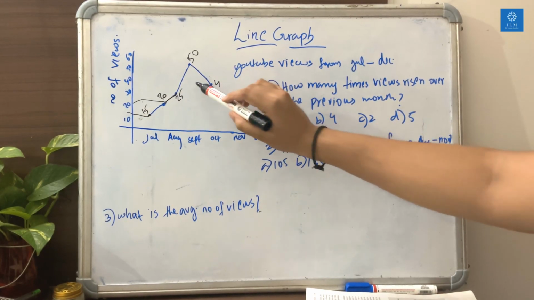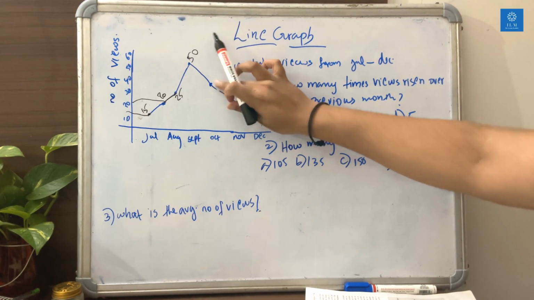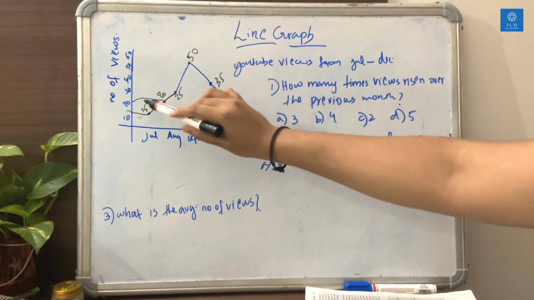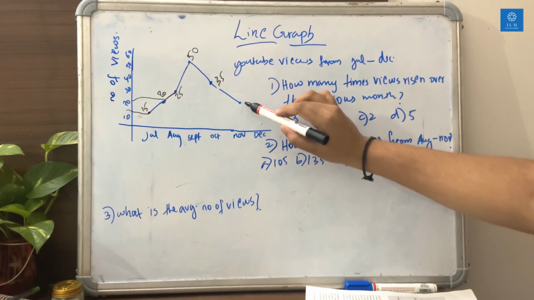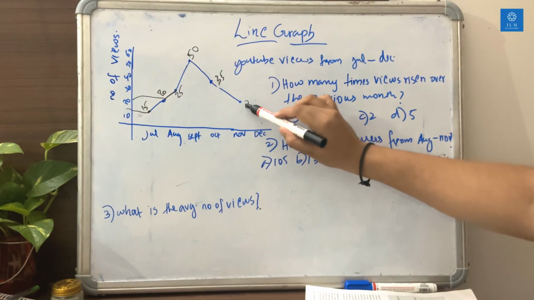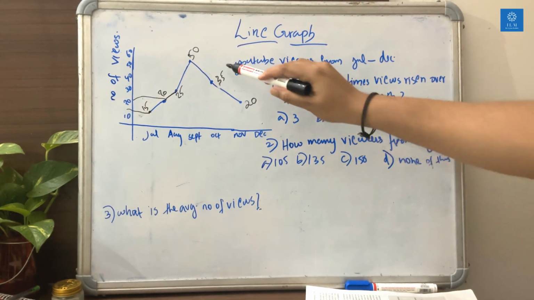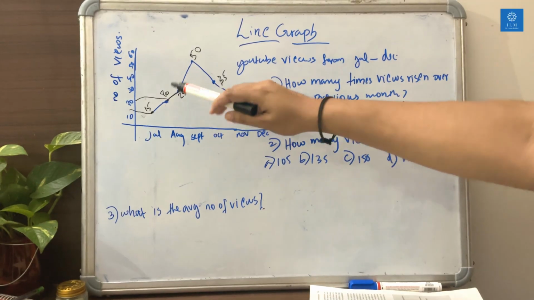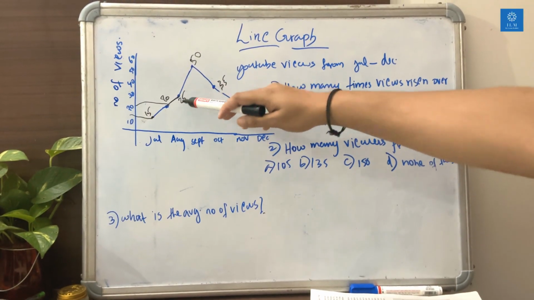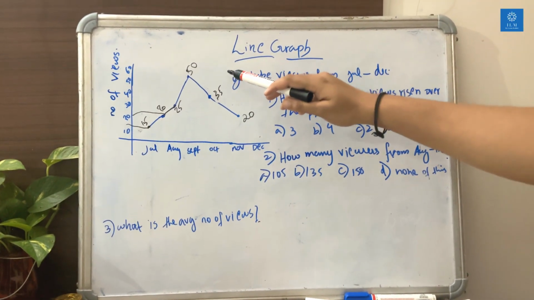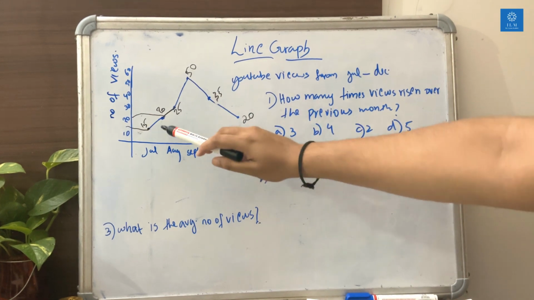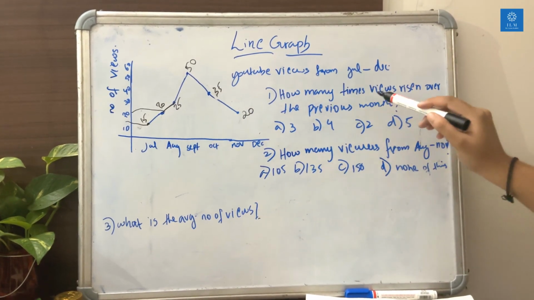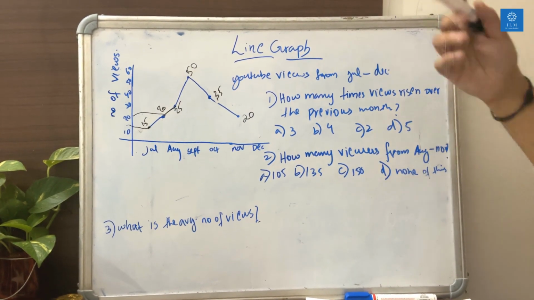And the other one is 35. And again, it is going to be 20. So this is the distribution of the views: 20,000, 15,000, 20,000, 25,000, 50,000, and so forth.